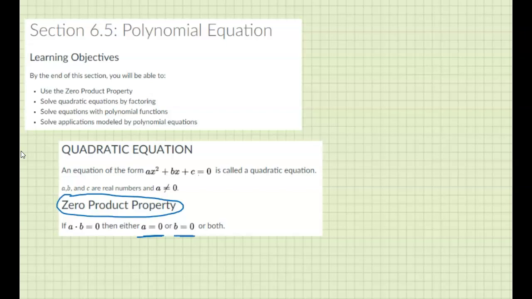Right? So there's no other possibilities. So if you multiply two numbers and the answer is 0, then at least one of them has to be 0. So this is why factoring is so useful, because it helps us solve these types of equations.